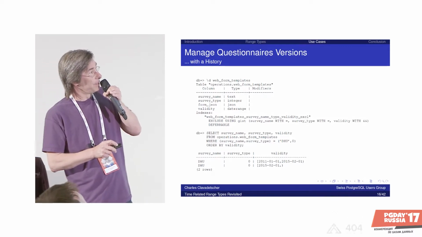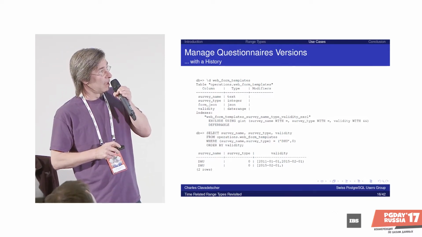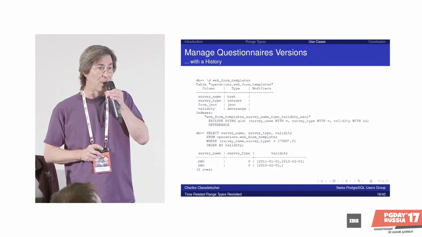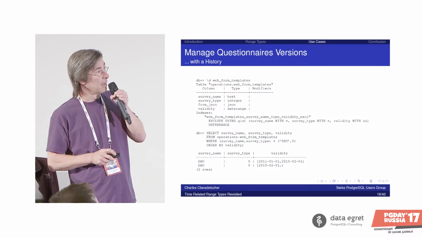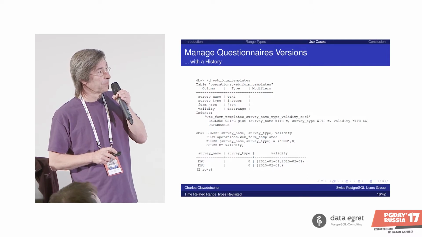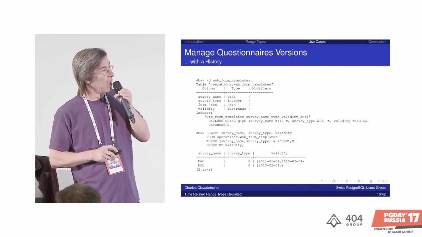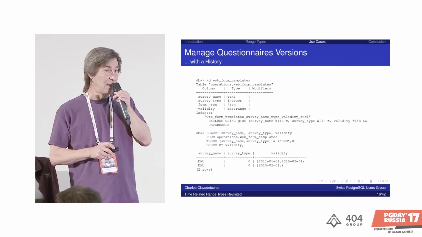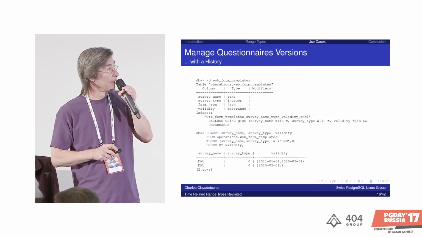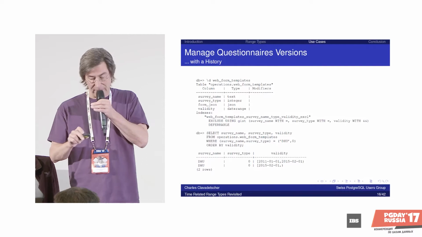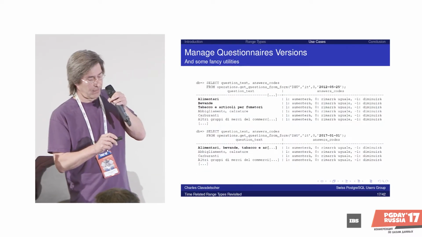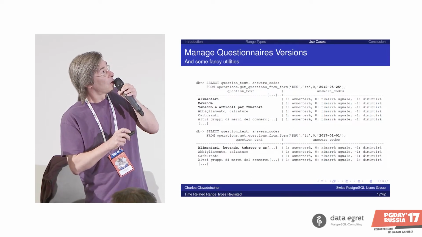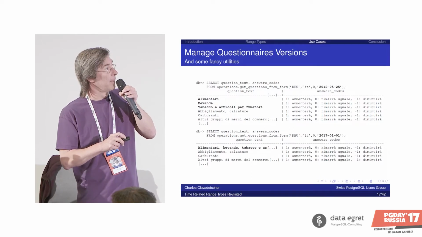As you can see here, in an example, we have now two versions of a questionnaire. One was valid until the end of January 2015, and the other one starts exactly the day after, right? So what does it mean they are different? In this case, you can see those three questions over there have later become only one.